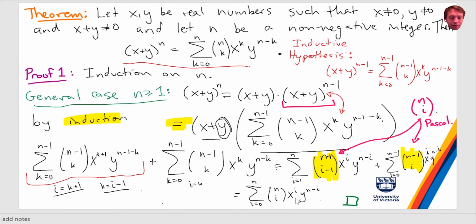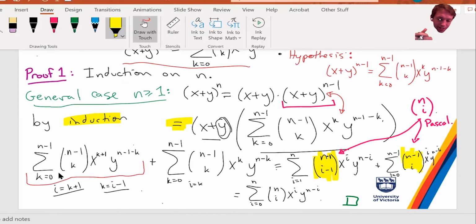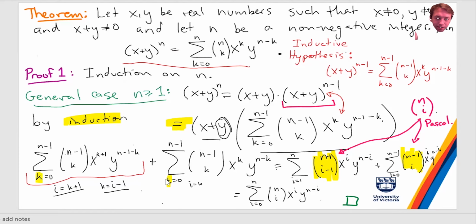The second one I didn't really have to rewrite. It's a bit hard to explain, but i is just the name of the index and doesn't matter for the proof. Already, this k and this k aren't really the same k, because they're in two different sums.